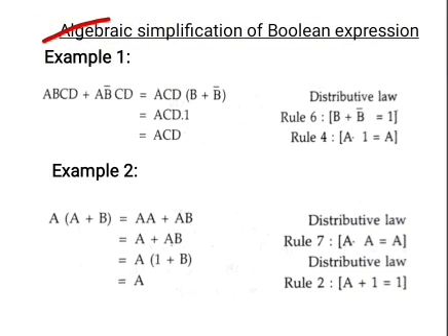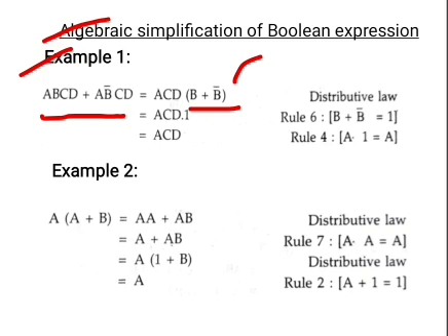For example, first one, ABCD plus AB complement CD. So in this, I am taking the common ACD. So ACD into B plus B complement by using the distributive law. So B plus B complement equals 1.